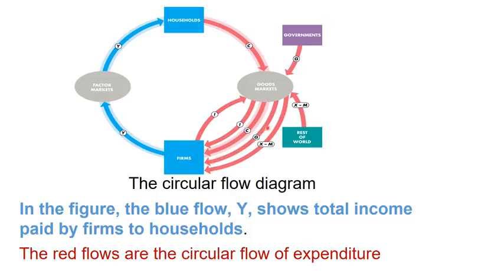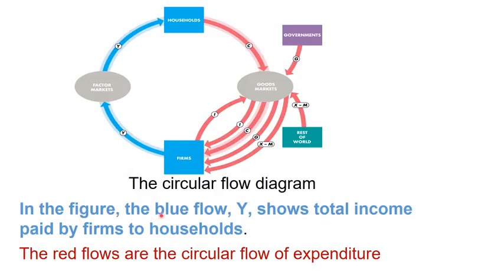Others are produced as exports and imports to the rest of the world. Imports come to here and exports come to here. And again, the extra spending goes to the firm.